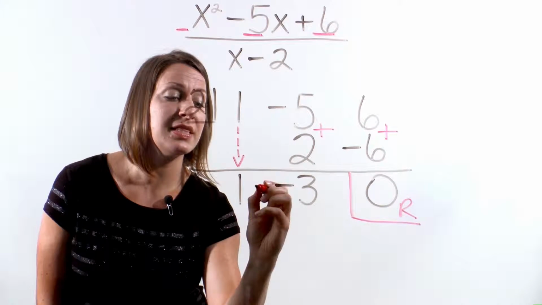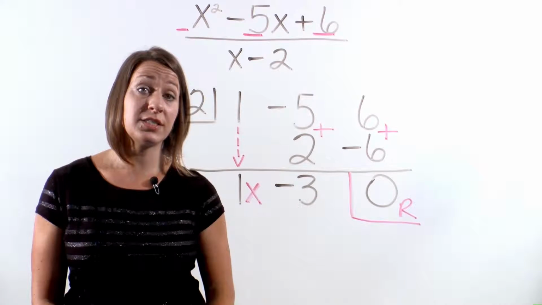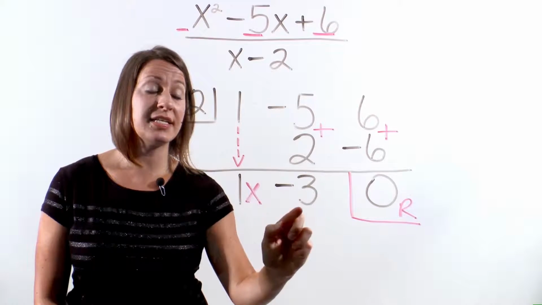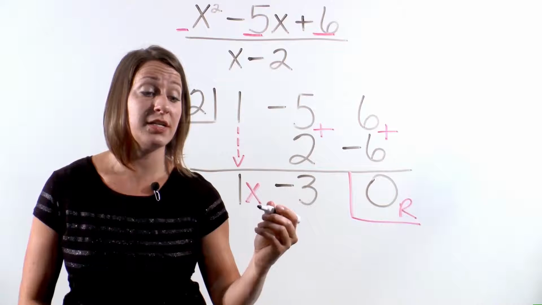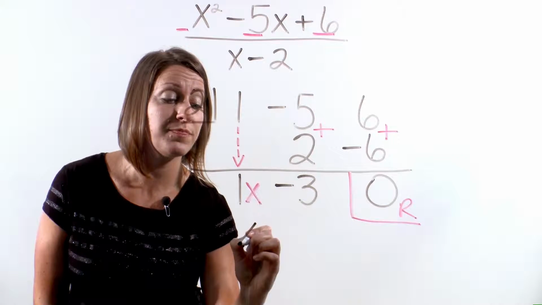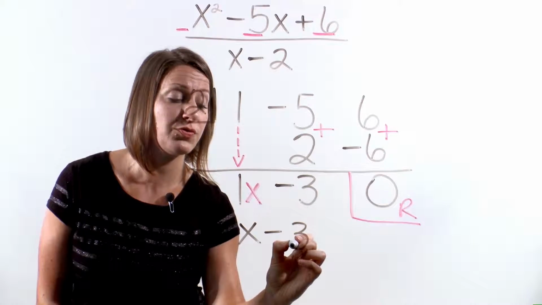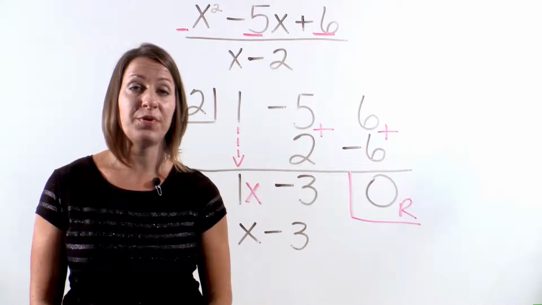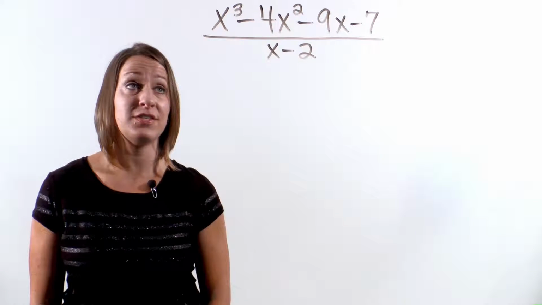So we are going to make this first coefficient our x term, and the negative 3 is going to be our constant. The final answer to this division problem is x minus 3 with a remainder of 0.